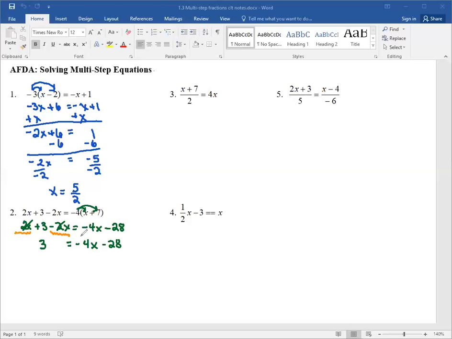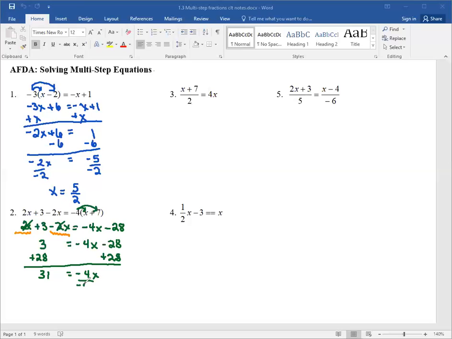So since my x is already on the right, I'm going to leave it there because there are no other x's. And instead, this time I'm going to take the 28 to the left. Since it's a -28, I need to add 28. So that'll give me 31 is equal to a -4x.